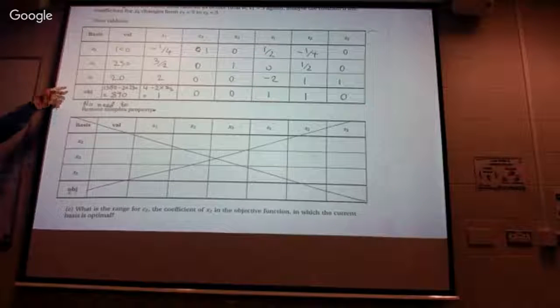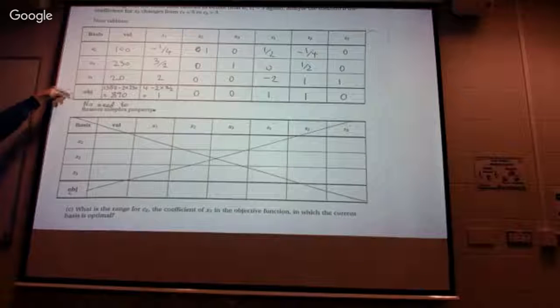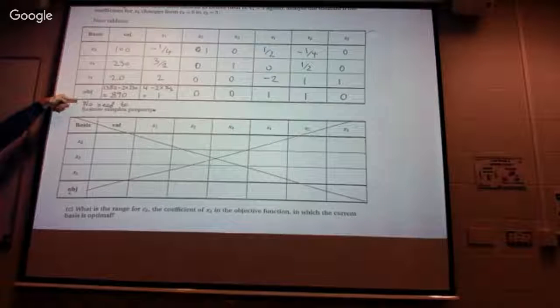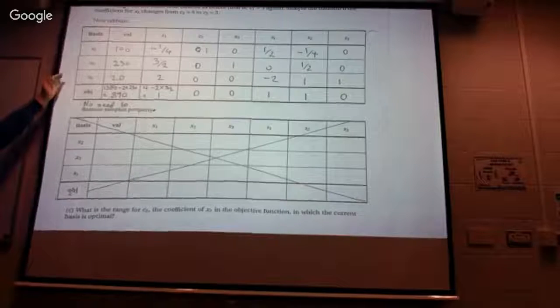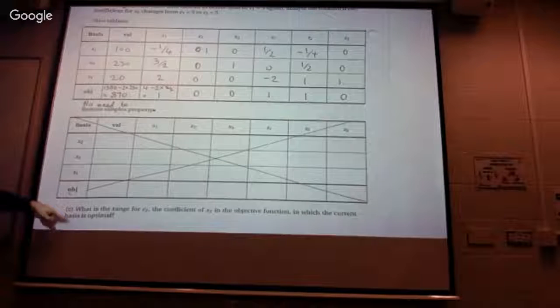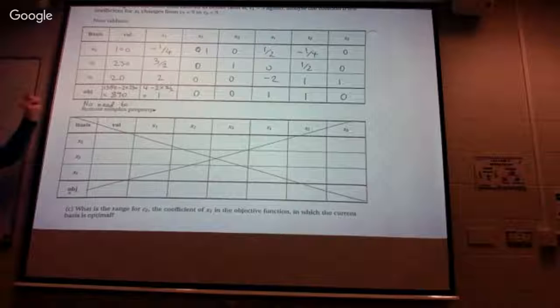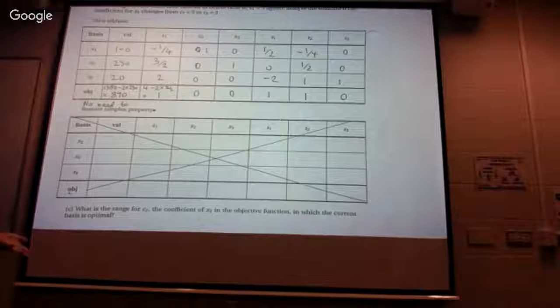We change it by 2, we have to take away 2 times that row from there. We change it by 7, we have to take away or add 7 times the particular row, the objective row. So how much can we keep changing C2 so that we wouldn't get any negative numbers in the objective row? Try to think about it, and that's something to do next week.